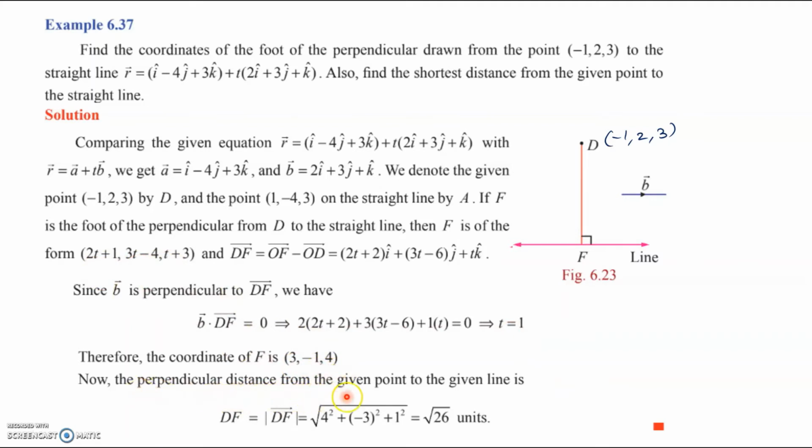Now the perpendicular distance from the given point to the given straight line is df itself, and that would be the shortest distance. So that is equal to df vector, which is given here. Substituting the value of t into it, we get the final result as square root of 26 units.